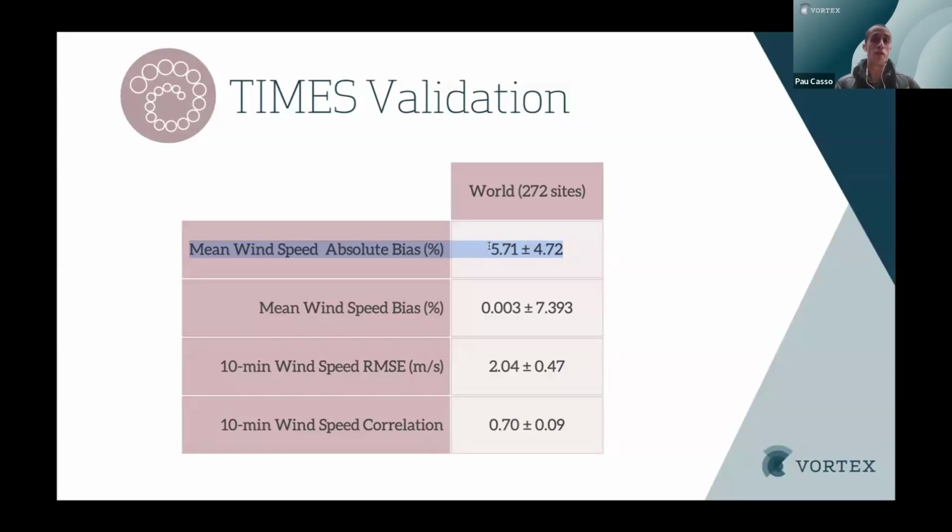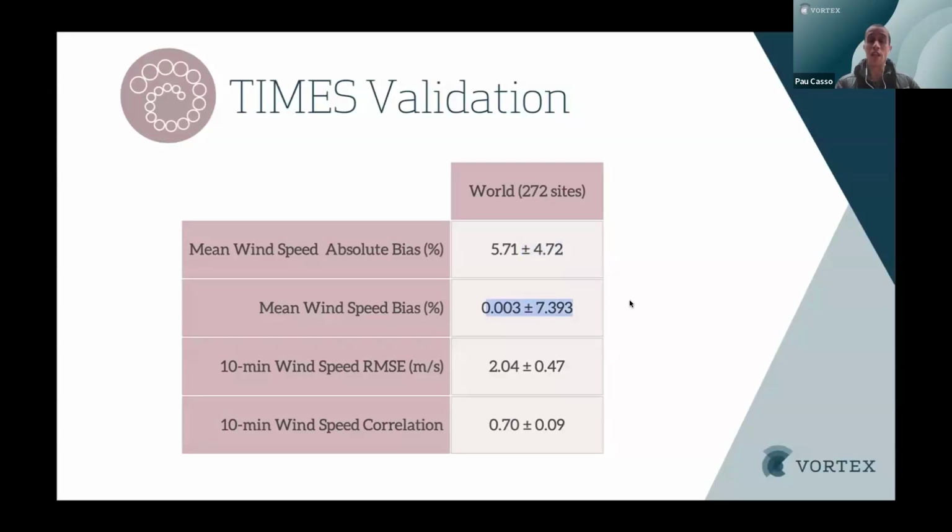This is on the order of 5 to 6% of error in the deviation of the annual mean wind speed estimated by our product Times for the whole portfolio of sites. This is pretty good, I would say. And also the standard deviation is quite narrow, which means that there are no very relevant outliers, which is good, because then you can trust the product, let's say, even though you don't know anything about the site, okay? There is no bias in the model.